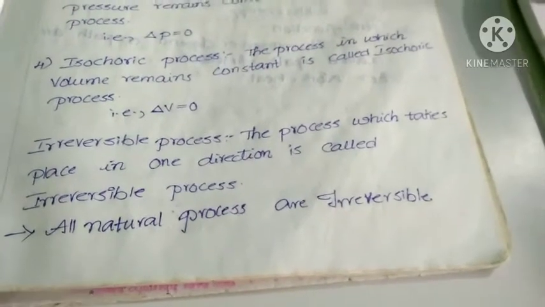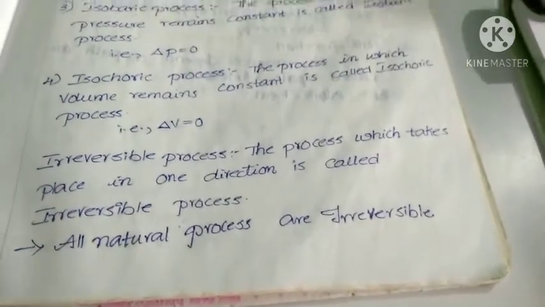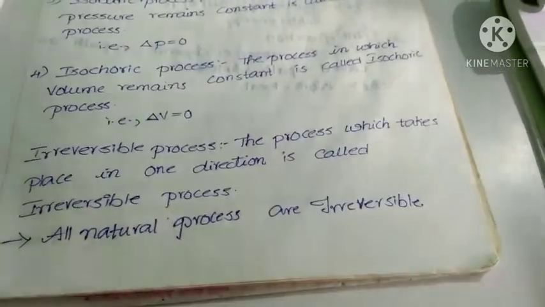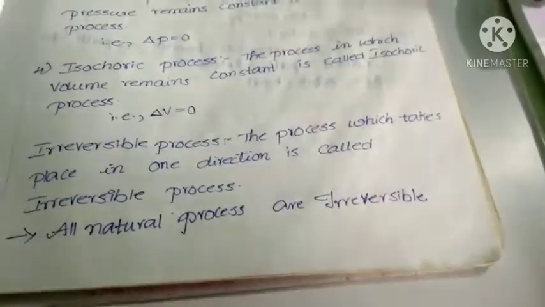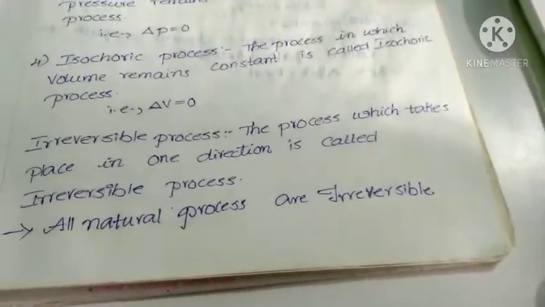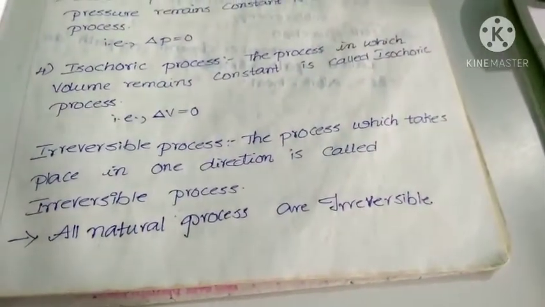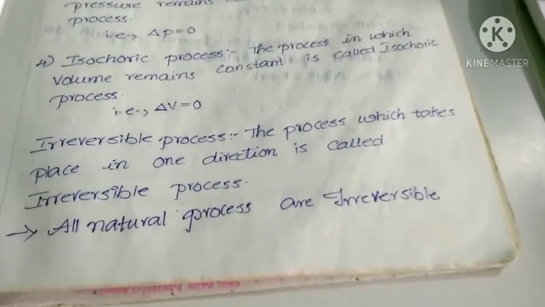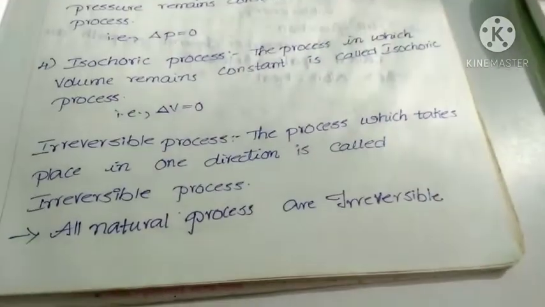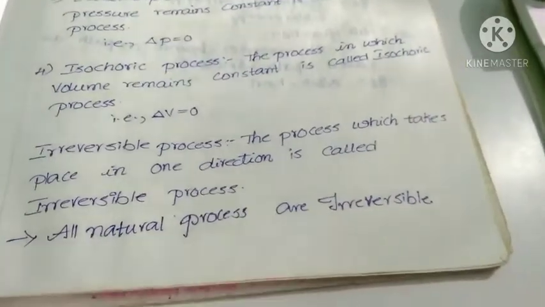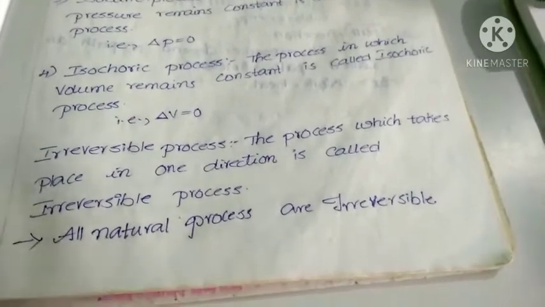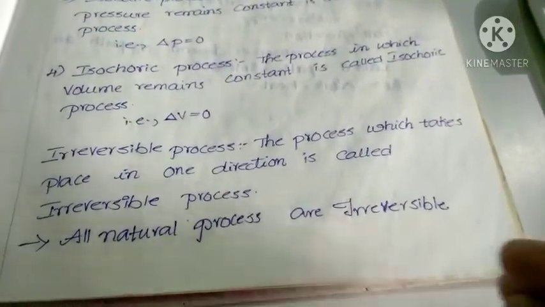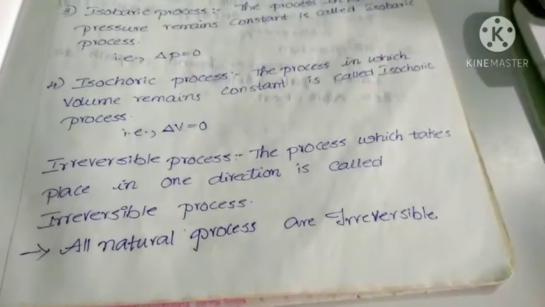One more example: heat always flows from hot body to cold body. It cannot flow from cold body to hot body by itself. Similarly, air flows from high pressure region to low pressure region. It cannot flow from low pressure region to high pressure region by itself. So all these are natural processes. All natural processes are irreversible processes. That's it.